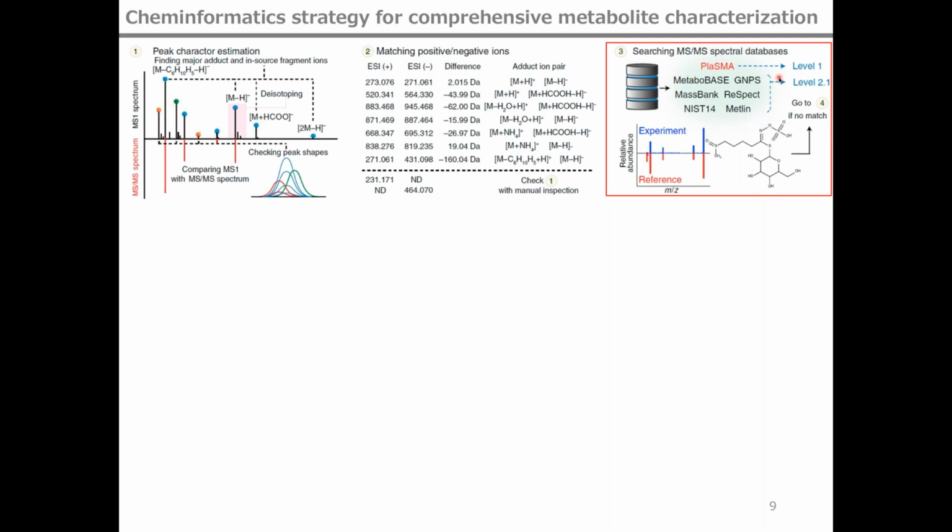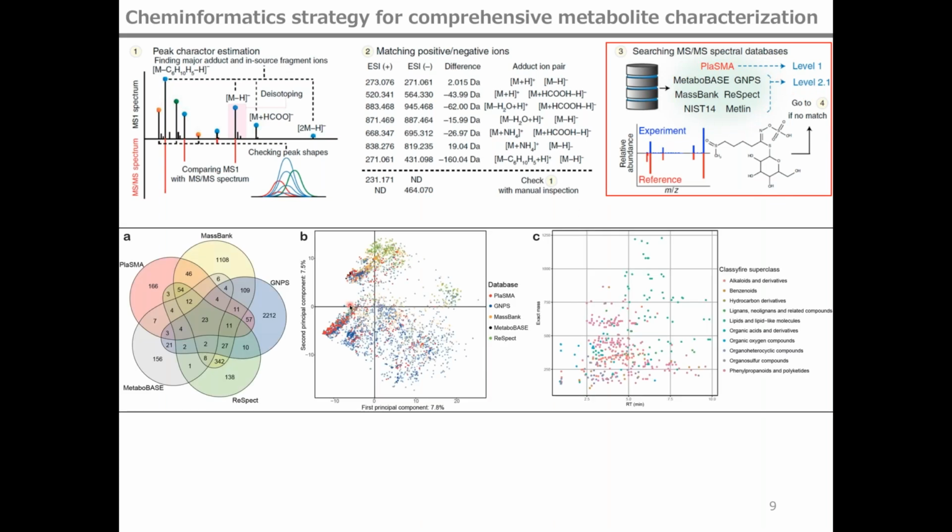This slide shows the uniqueness of our PlaSMA spectrum database. In fact, around 166 compounds have unique structures which have never been registered in other databases. The result of principal component analysis using PubChem fingerprints showed that our PlaSMA database covers a large variety of metabolite structures.